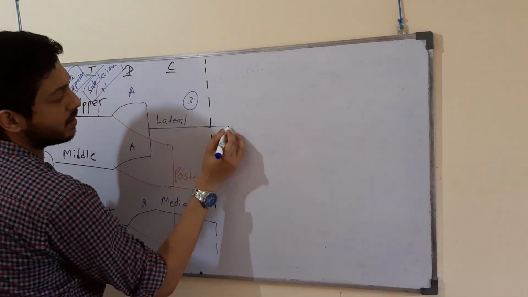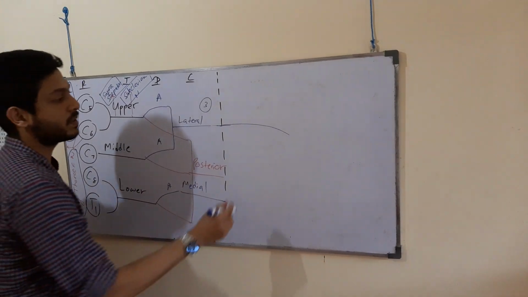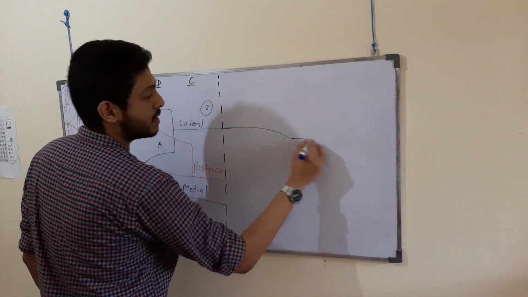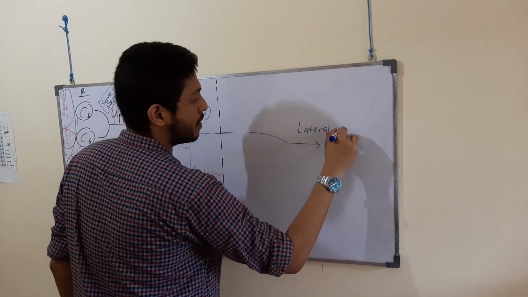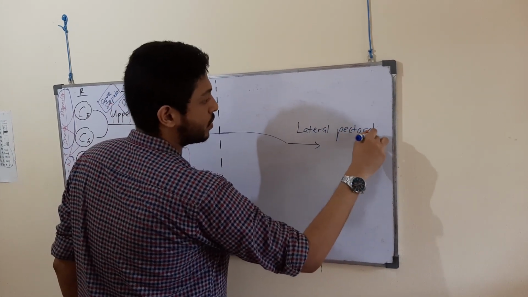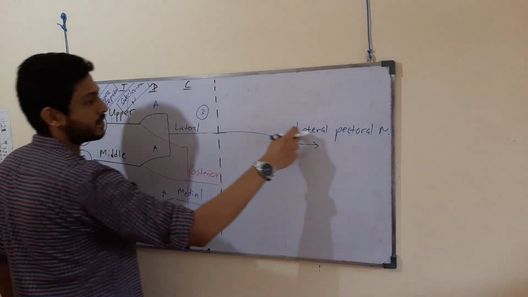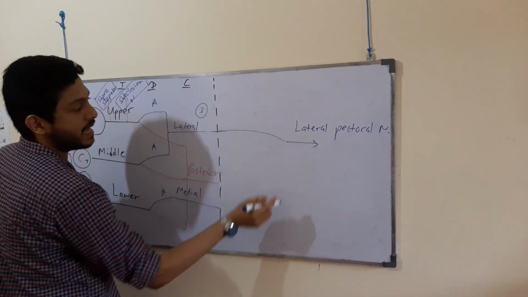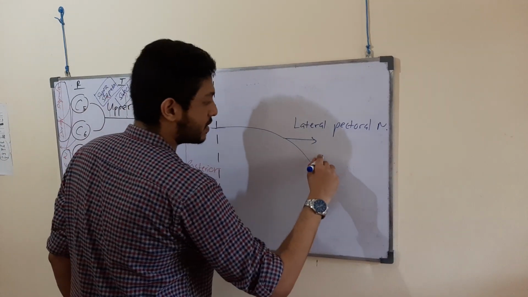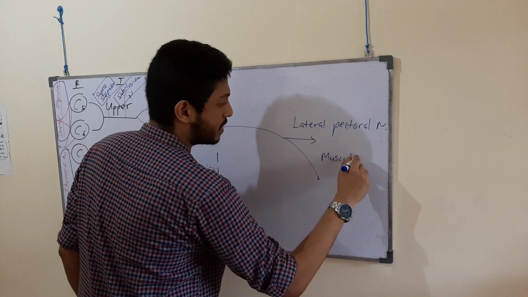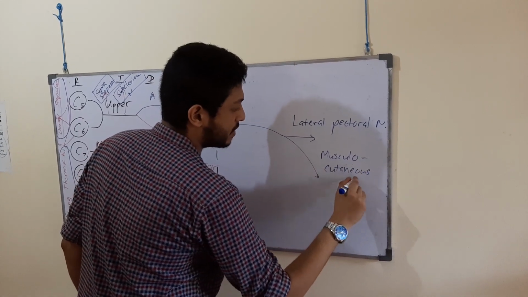If I take the lateral chord like this, the first branch which you should remember is known as the lateral pectoral nerve, right? The lateral pectoral nerve is the first branch which comes from the lateral chord. And then we have the second branch, which is known as the musculocutaneous nerve.